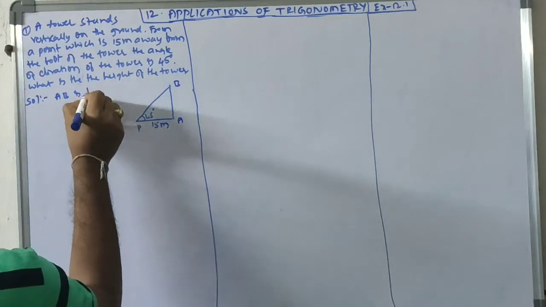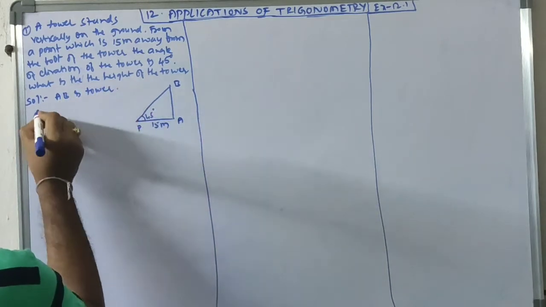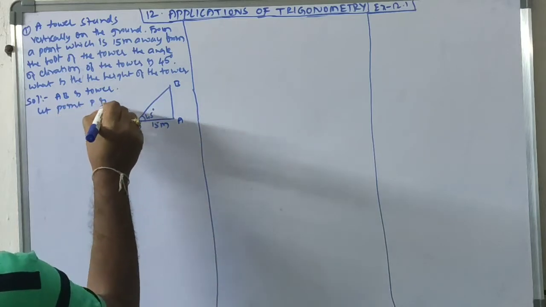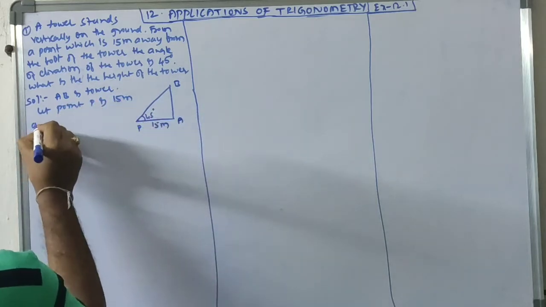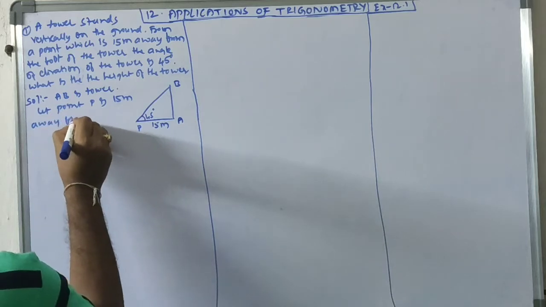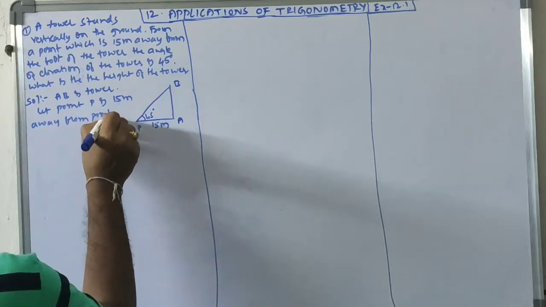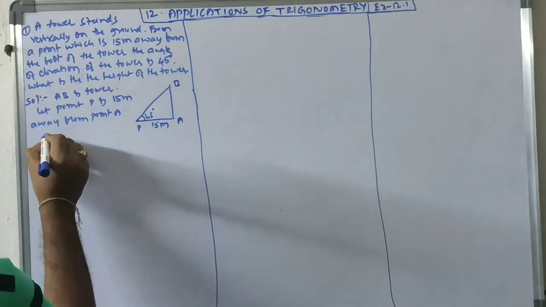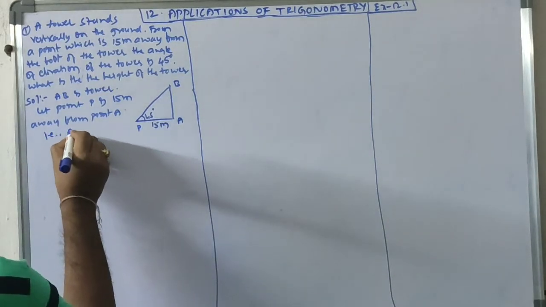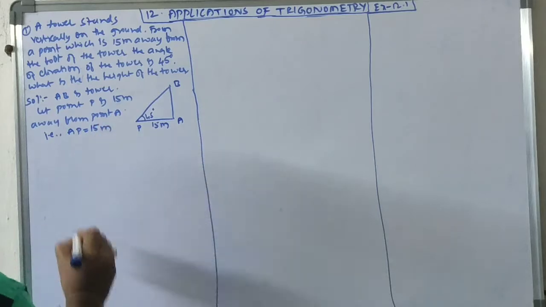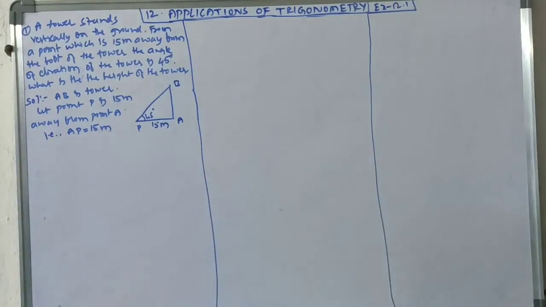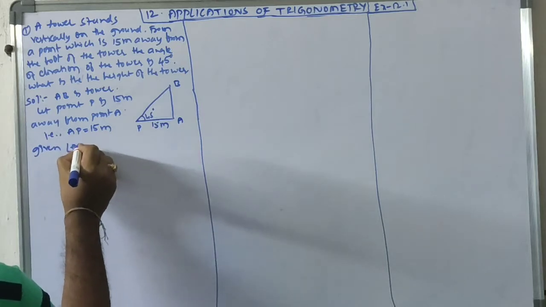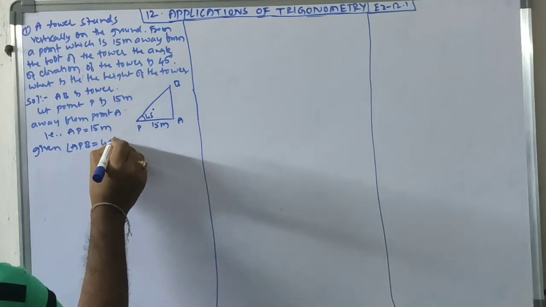Solution. AB is the tower. Let point P be 15 meters away from point A. The foot of the tower is point A, so AP equals 15 meters. Given angle APB equals 45 degrees.